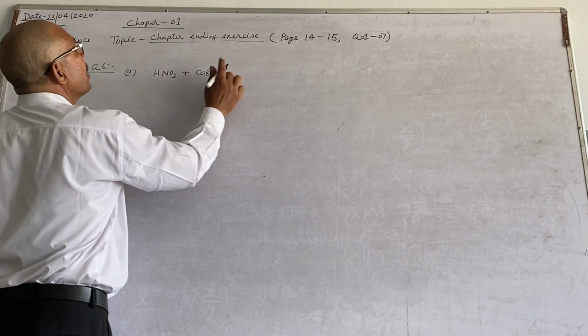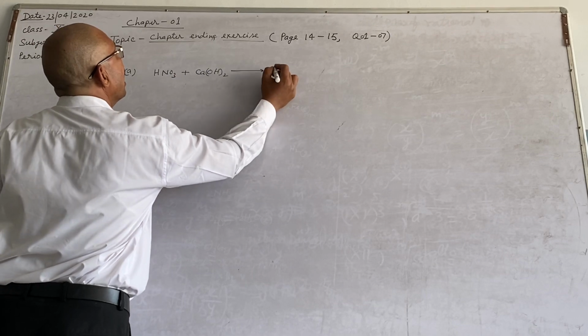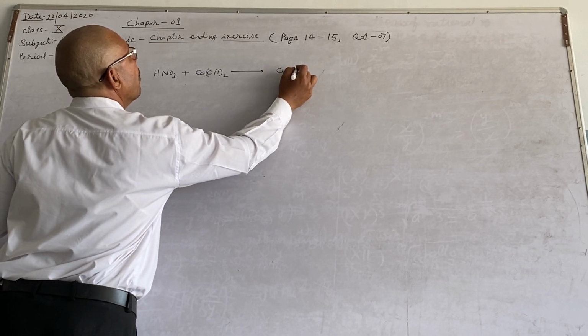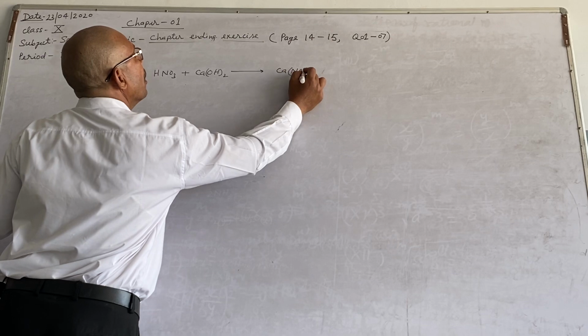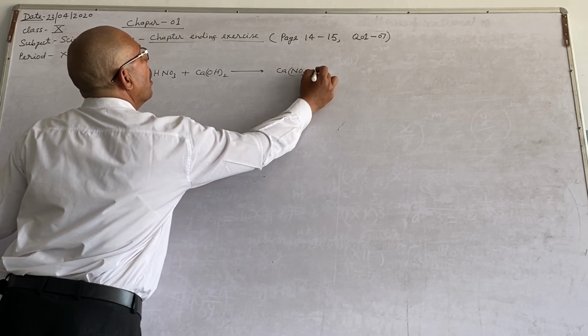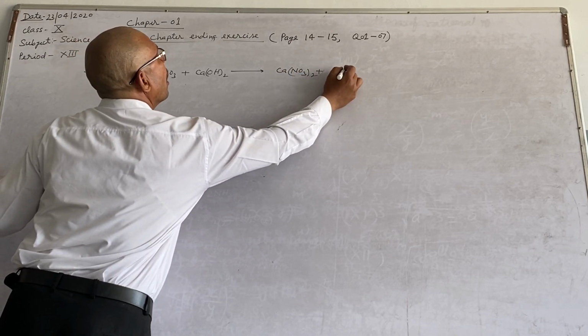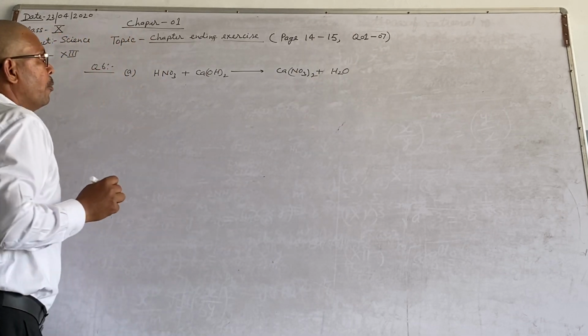Nitric acid and calcium hydroxide react to form calcium nitrate plus water. Now balance them.